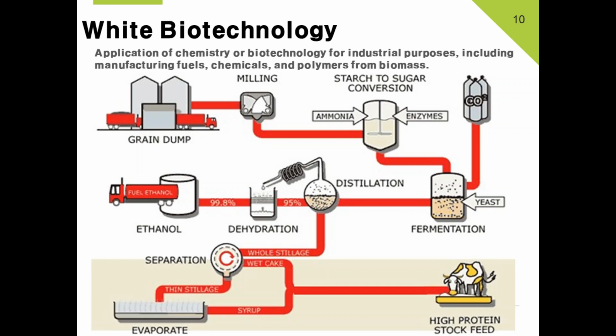Now for this biorefinery, starch is mainly converted into glucose. So glucose is then funneled into the fermentation process, which uses, in this example, yeast. Glucose from biomass is transformed into ethanol by yeast.